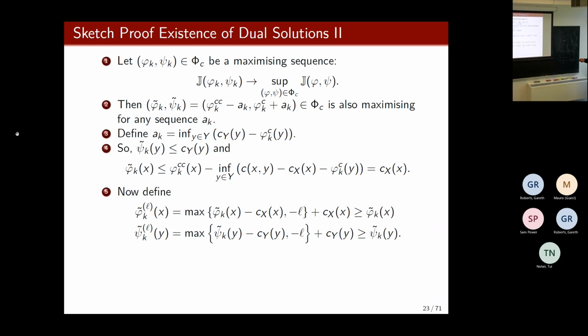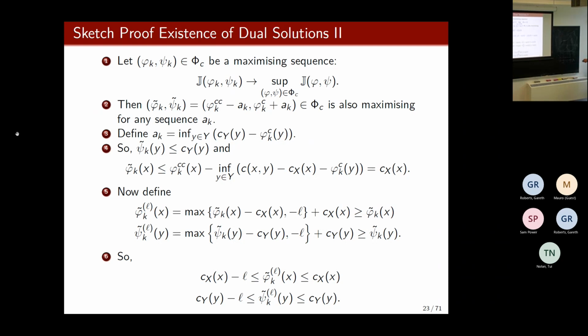But I'm cutting it off so that I know I can always lower bound by C k minus L, and do a similar thing for psi here. I do it exactly so that I have these inequalities here. In particular, if I subtract C of x from the top one, I have that minus L has to be greater than or equal to psi tilde k L minus C of x, which has to be less than or equal to 0.